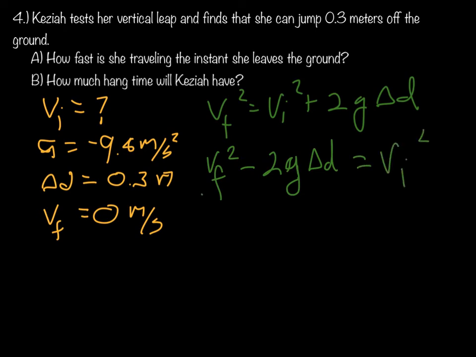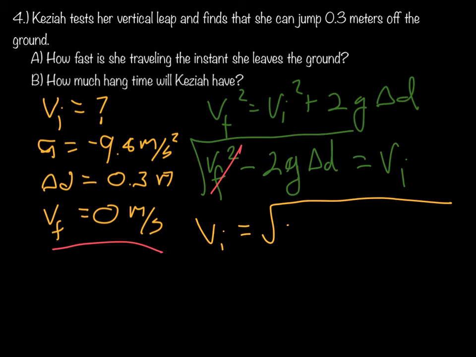Then I'm going to take the square root of all of that so that I can get rid of the squared. Once again, something here is 0. This time it's my final velocity that is 0. So my final equation is Vi equals the square root of negative 2g delta d.